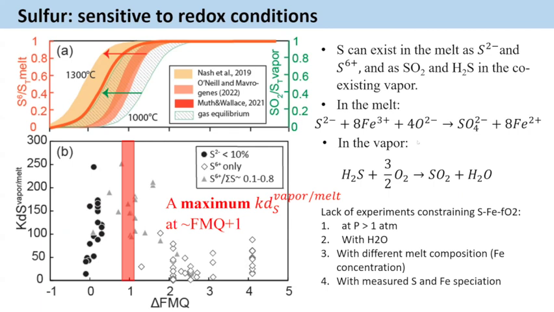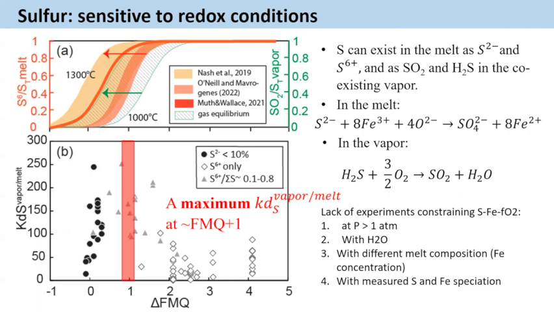The Nash model is purely a function of ferric iron ratio and temperature, and it shows a really large temperature effect. The O'Neill and Mavrogenes model is a function of ferric iron ratio, temperature, as well as melt composition. Both models are calibrated using experiments at 1 atmosphere, and all the experiments are dry.